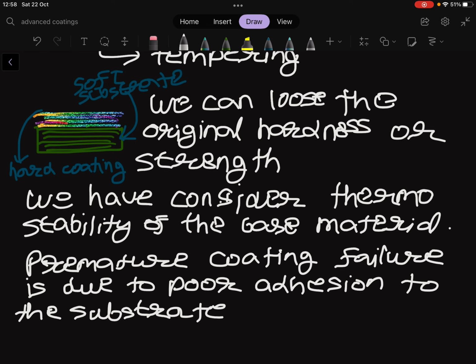We can call it cracking or spalling of the coating material, and it can be disastrous because loose coating fragments can aggravate the wear.